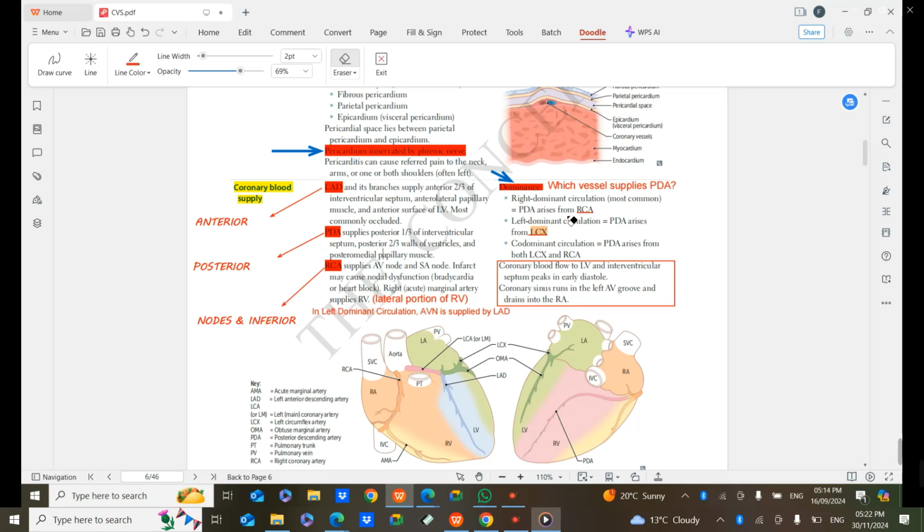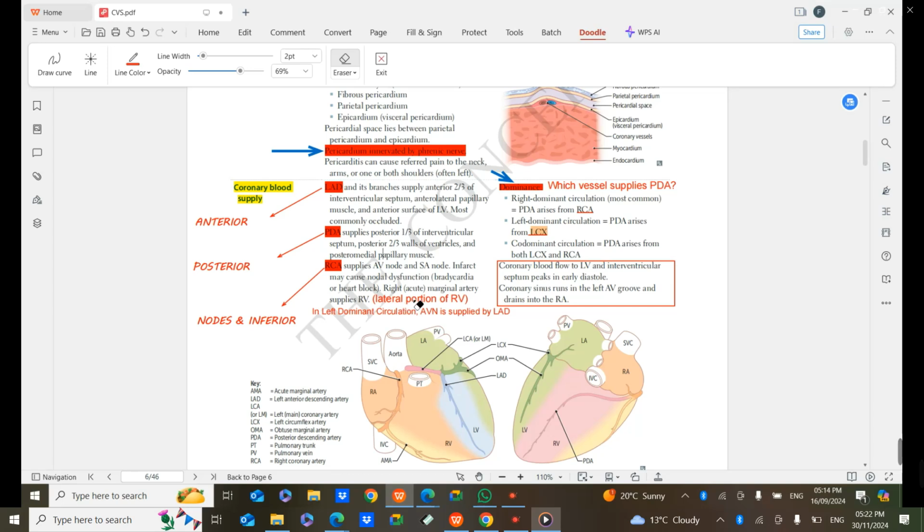They give me a question. And in that question, I notice from the nature of the question that the patient has MI, and that MI is affecting the inferior part of the heart. I'm already thinking that this is the right coronary artery that is affected here.